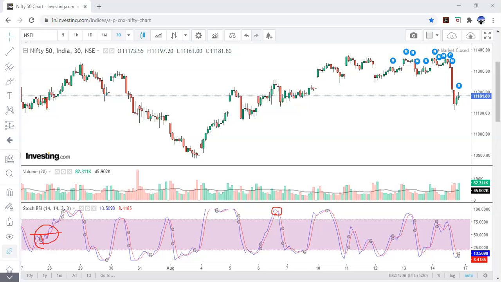Now I will open the Excel, and we are entering the data in our chart of indicators.